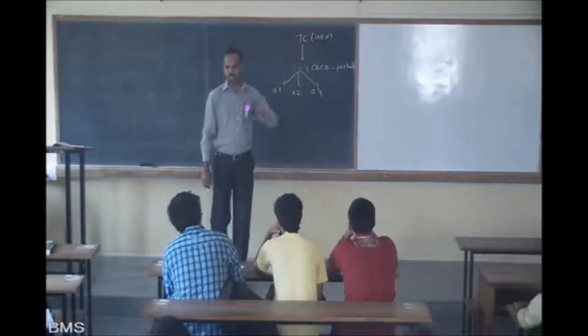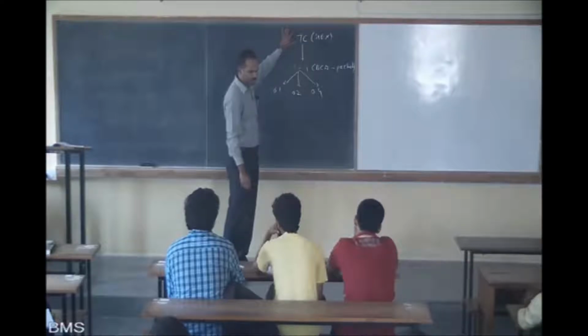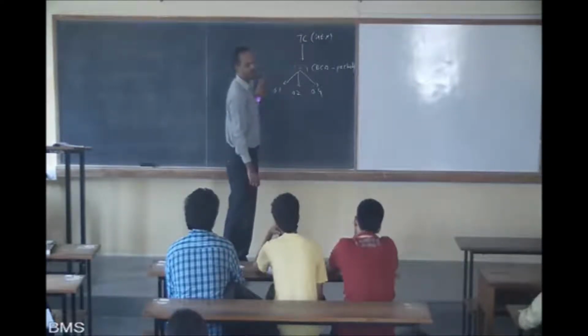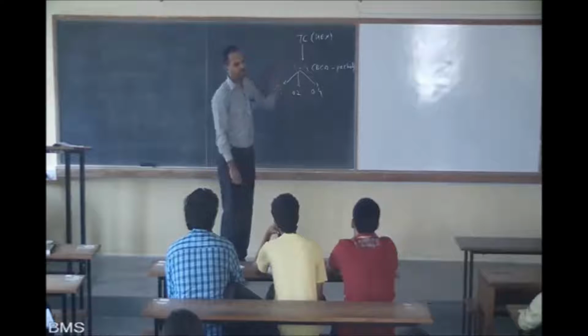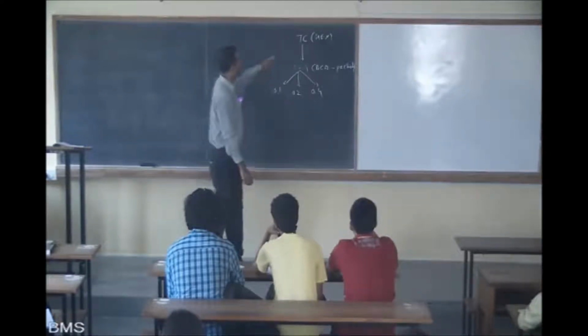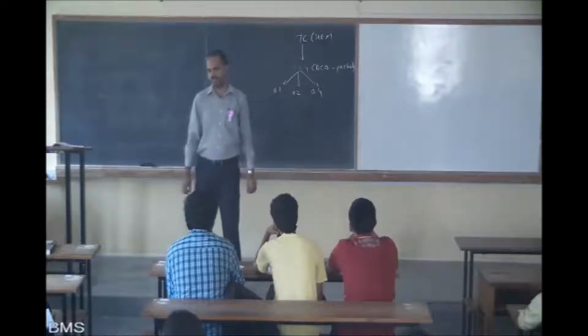Now you have to write a program. Guys, listen to this. You have to write a program to convert the given number in hexadecimal to the unpacked BCD number. How do you write a program? How do you convert any given number which is in hexadecimal to the decimal number?